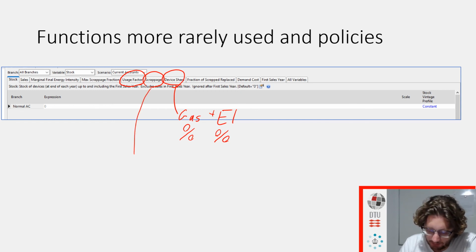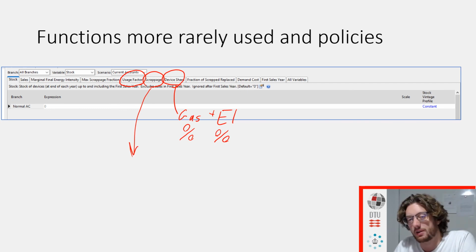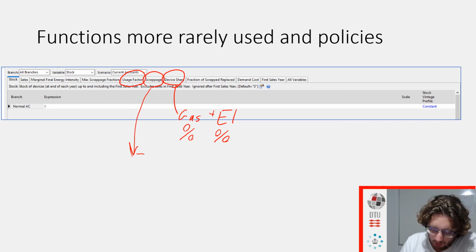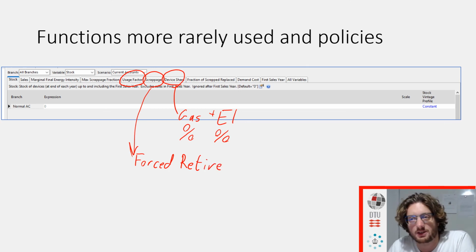Scrappage is more interesting. In terms of scrappage, we also call it forced retirement. So instead of naturally retiring, or exiting the system by not being functional anymore, as we see in the survival profile, we can actually set policies where we say, actually we are going to take the worst products and force them to exit, even though their survival profile may say that they shouldn't do that.